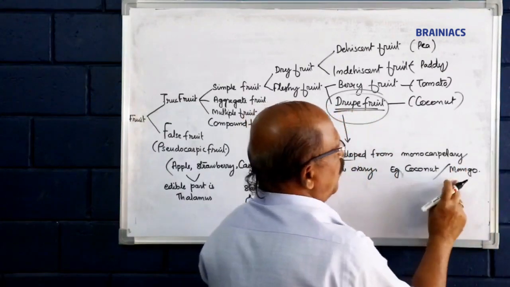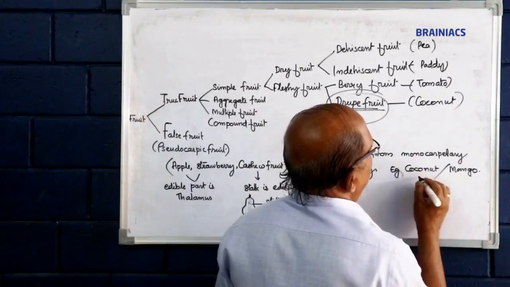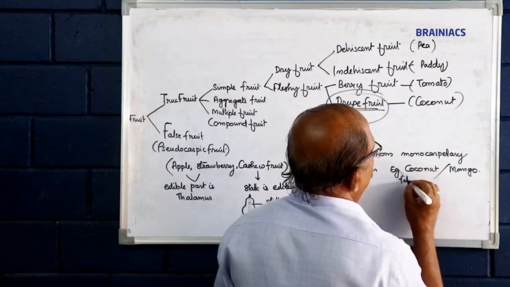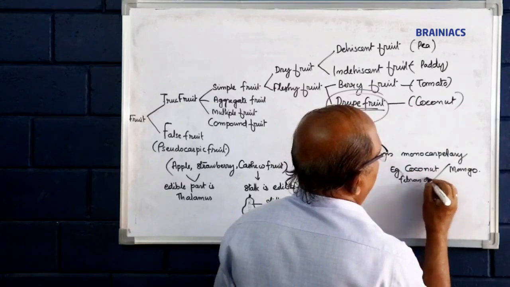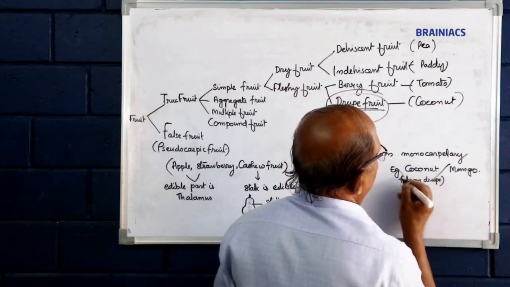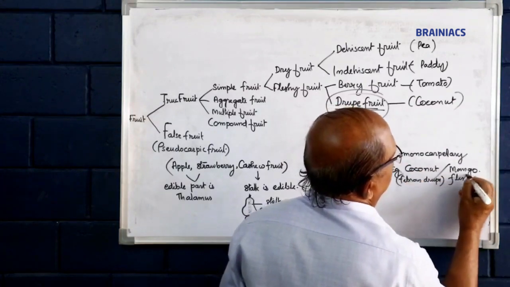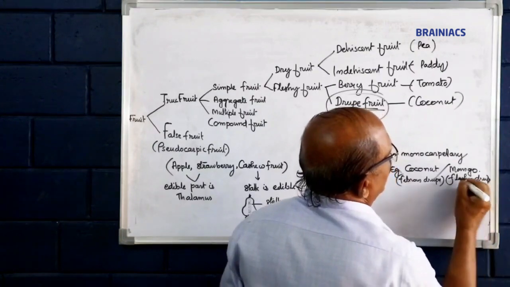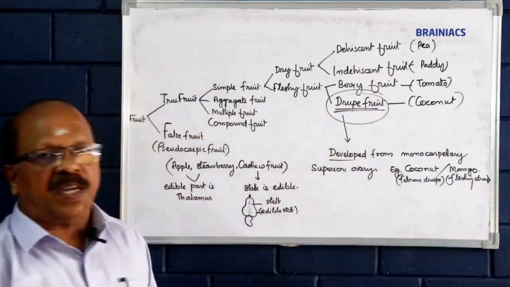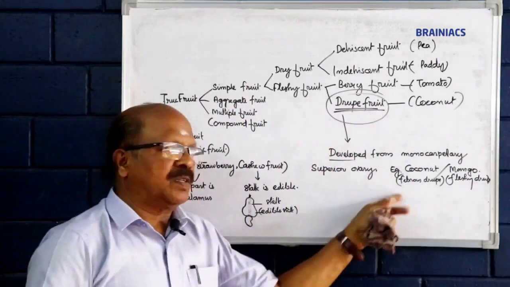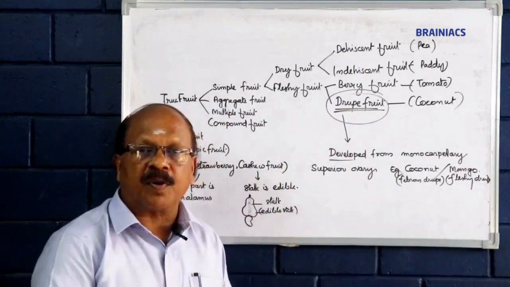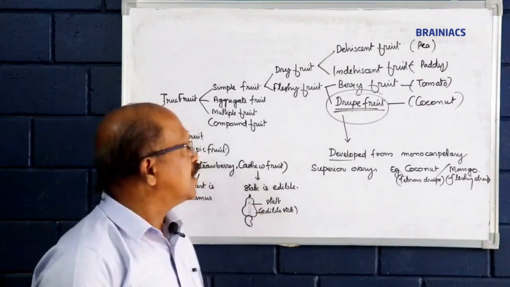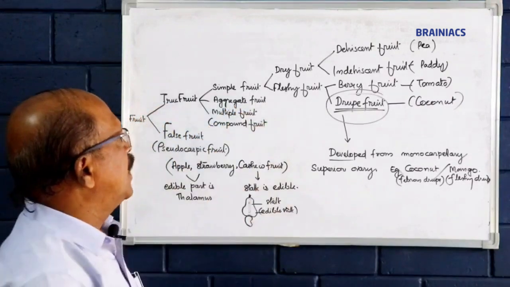Mango is a fleshy drupe because the mesocarp is fleshy and edible. Coconut is a fibrous drupe; the mesocarp is fiber for making coir.